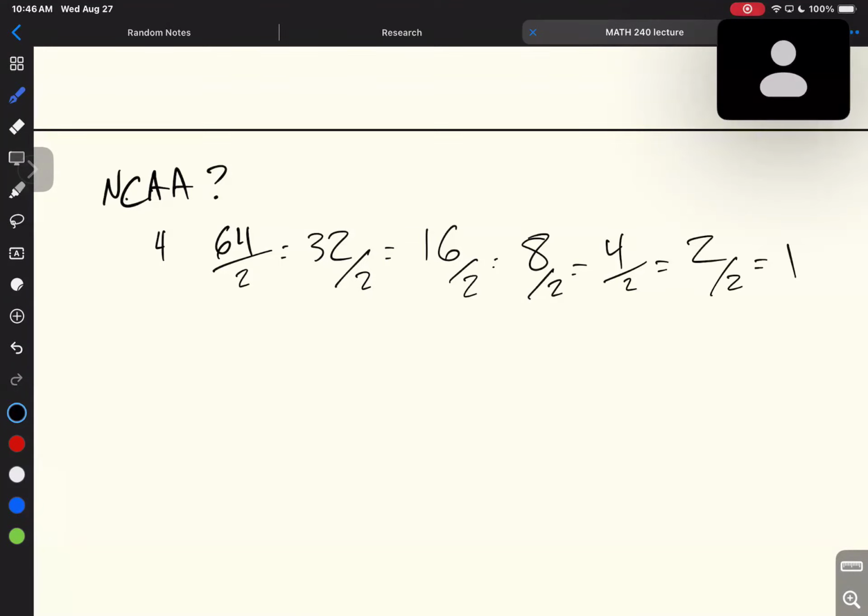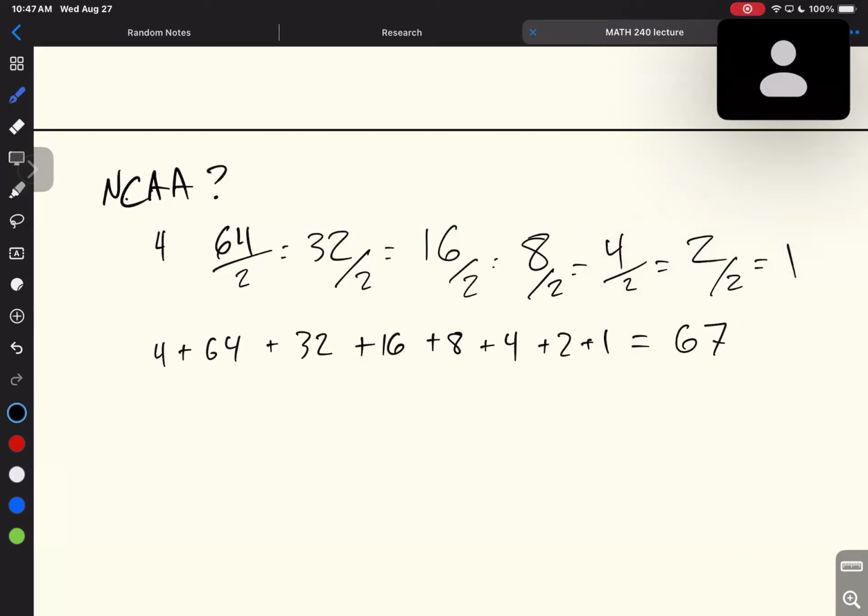To find out how many games, you just add them all up. So 4 plus 64 plus 32 plus 16 plus 8 plus 4 plus 2 plus 1. And I added this all before, and that's not 64.